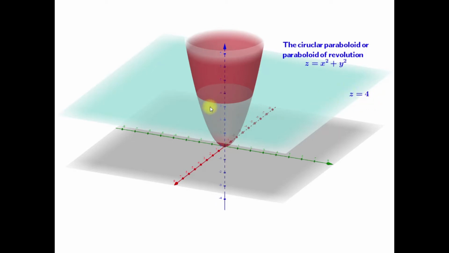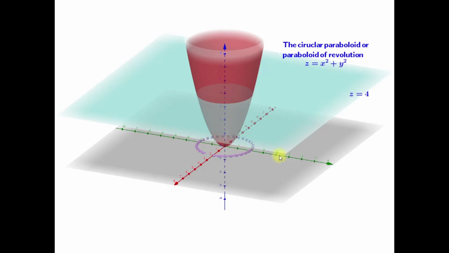The equation of the circle is x square plus y square is equal to 4, because by putting z is equal to 4 we get 4 is equal to x square plus y square. Now the projection of the circle on the xy plane is shown in this figure.